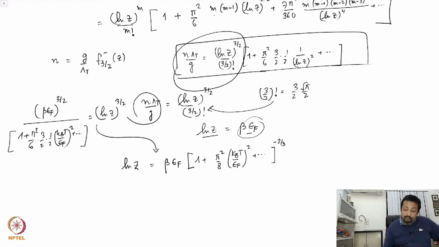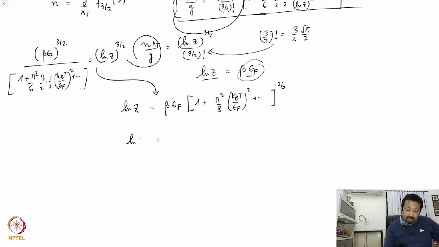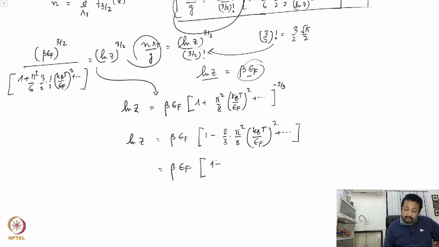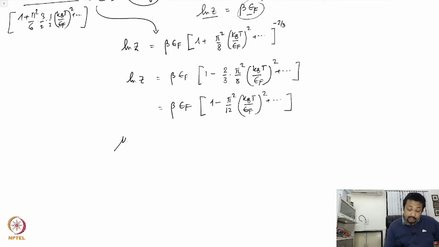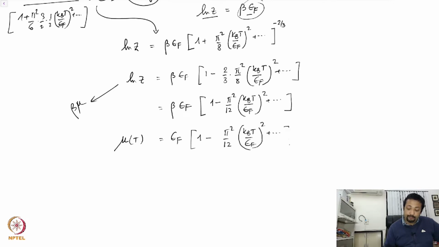So this then leads me to this equation, and you see that ln z is going to be beta epsilon_F times 1 minus 2 by 3 times pi squared over 8 times k_B T over epsilon_F whole squared plus higher order terms, which is going to be beta epsilon_F times 1 minus pi squared over 12 times k_B T over epsilon_F whole squared plus higher order terms, so that the chemical potential very close to 0, not exactly at 0, beta mu, is going to be epsilon_F times 1 minus pi squared over 12 times k_B T over epsilon_F whole squared plus this.